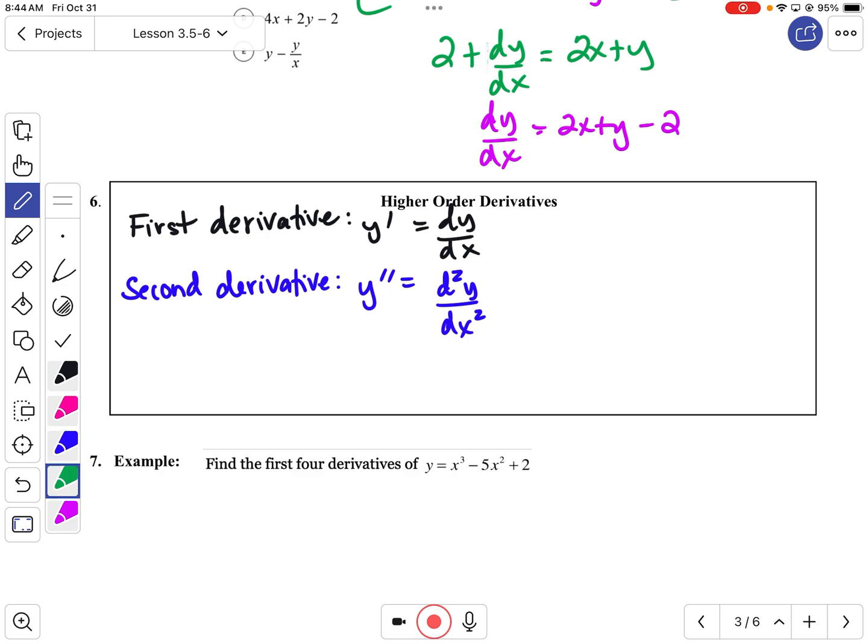A third derivative we might write as y triple prime or d cubed y over dx cubed. Now, we don't really want to get to where we wanted a 15th derivative. You could do that, but I don't have space for 15 slashes, nor does anybody want to count those, okay?